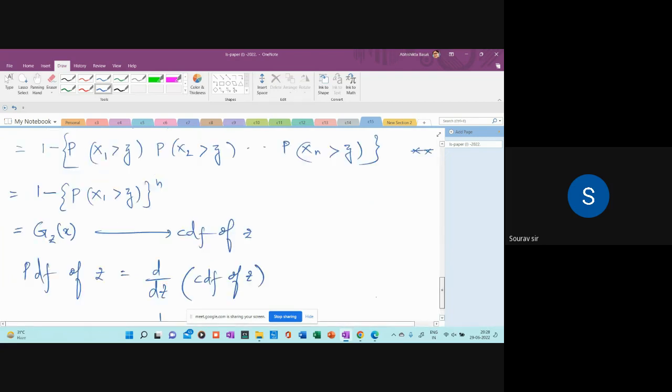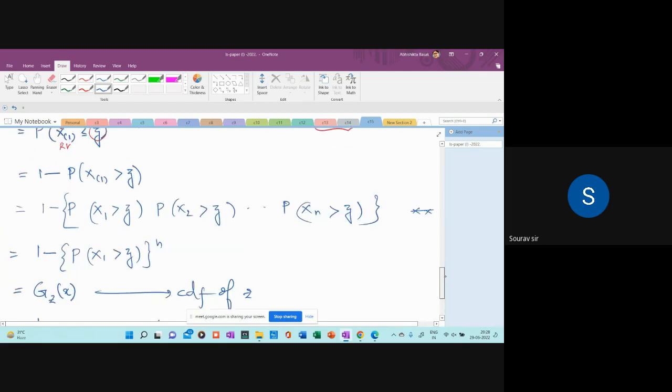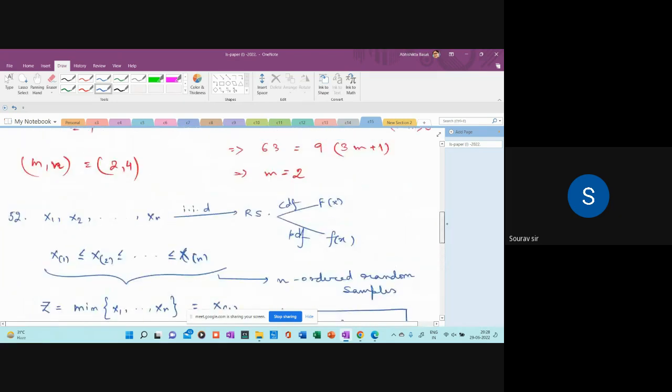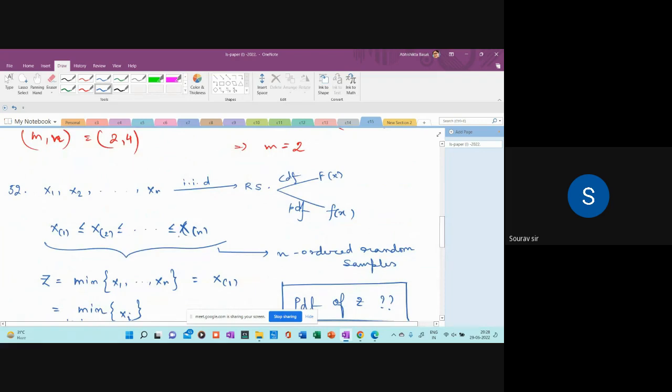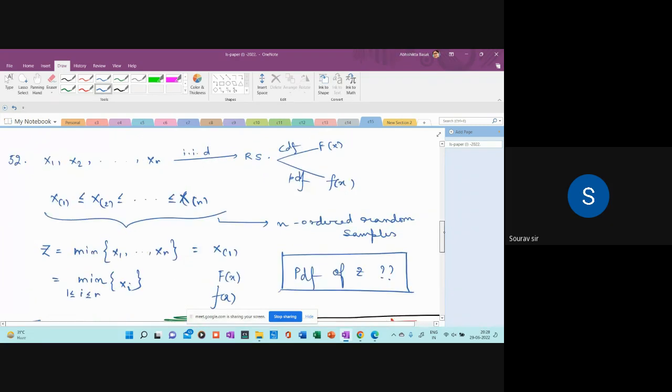Okay, so what was my GZX? This thing. And what was basically my this particular thing, this x1 x2 xn was this, and they have defined this capital Fx to be and this small fx to be the CDF and PDF already.